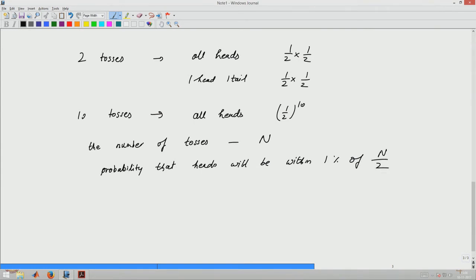So, if I do 100 tosses, if I do the coin toss experiment 100 times, 49 to 51 of them are heads.